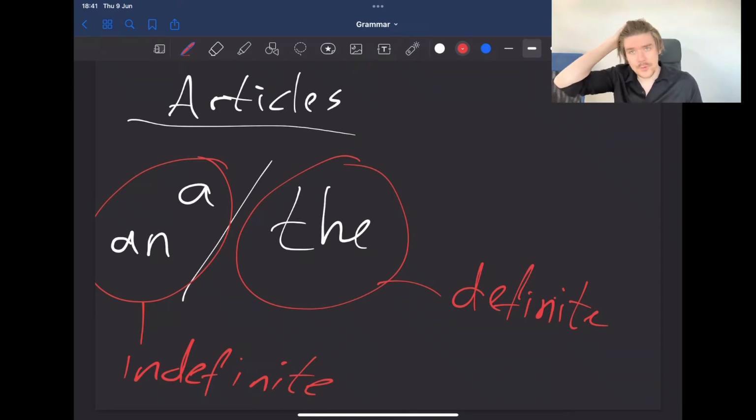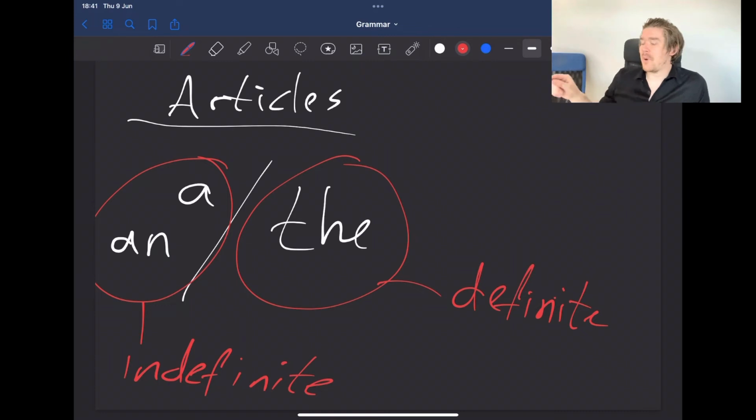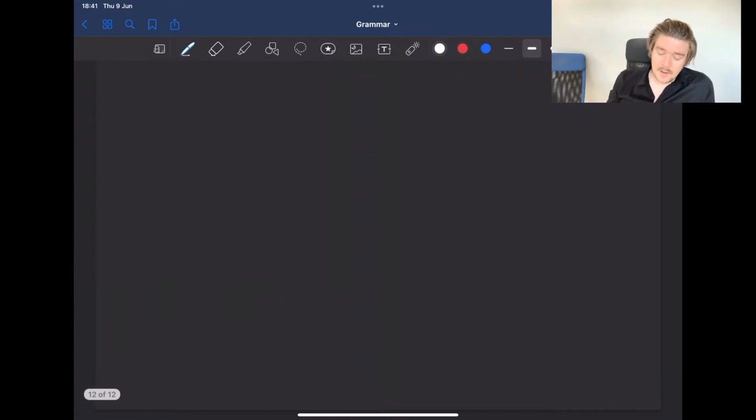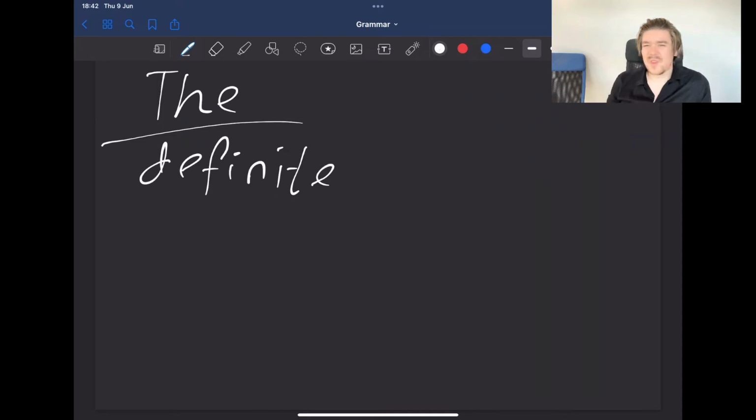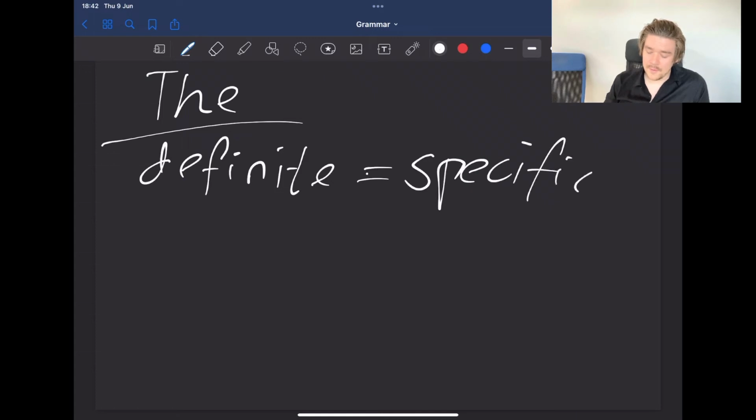So they are used to specify something, and I'll give you some examples of this. Let's start with the. Now, definite could be used as a synonym or another word for specific.